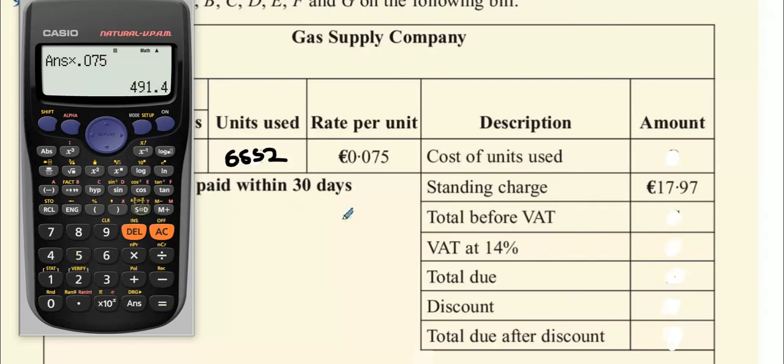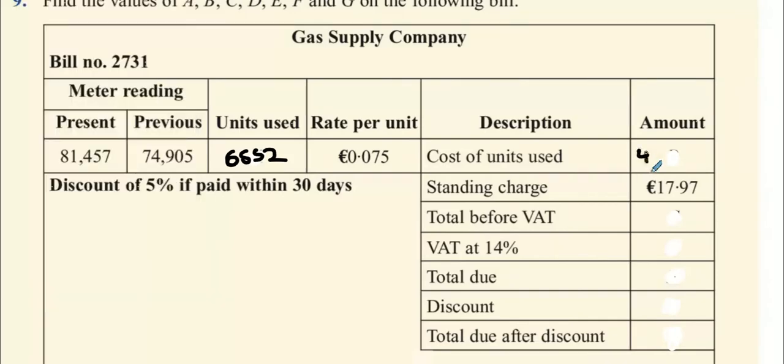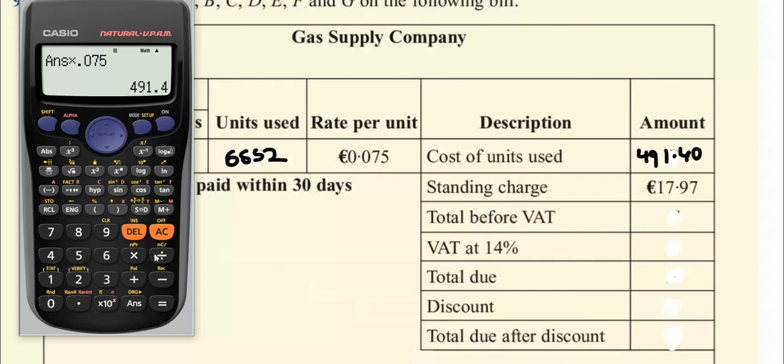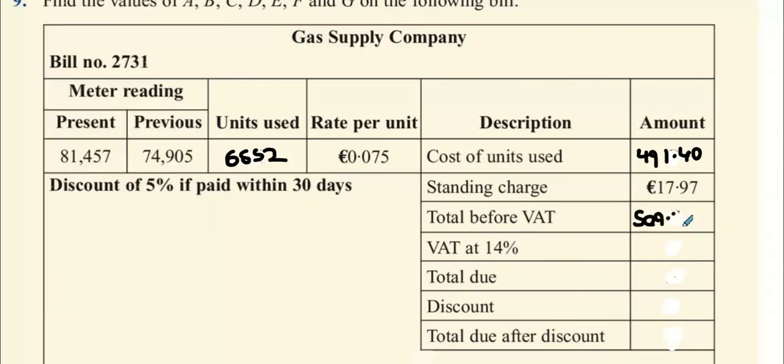And what we get there is €491 and 40 cents. Has a standing charge of €17 and 97 cents, so we're going to add that on. And what we should get here is €509 and 37 cents.